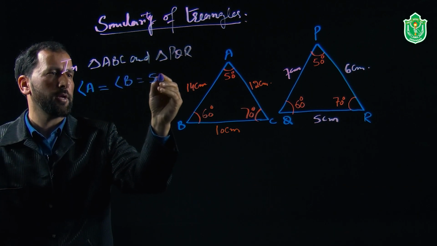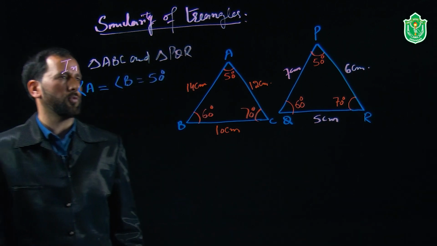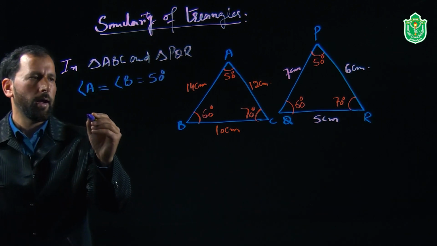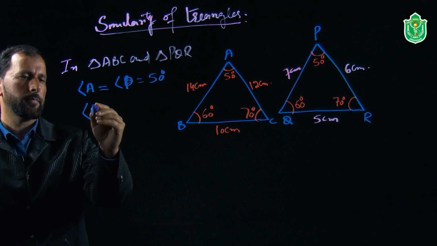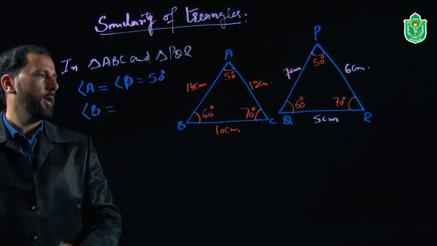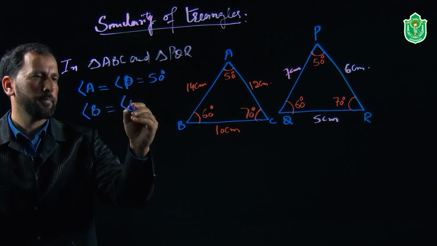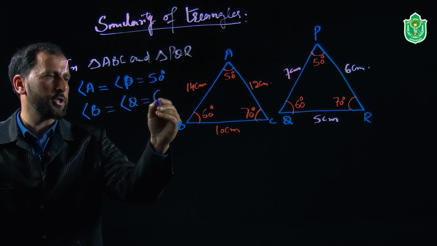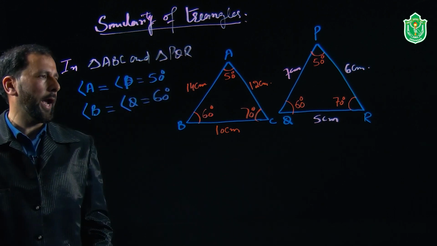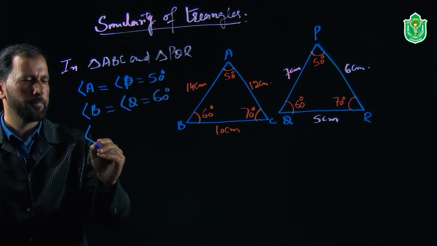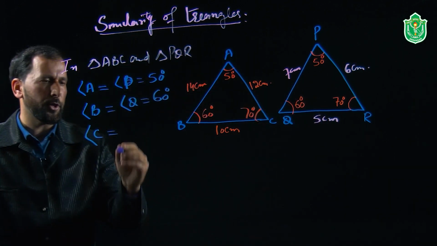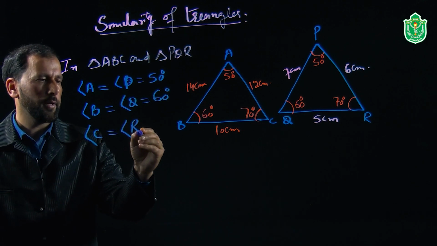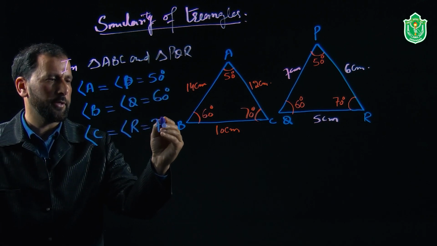Because their measures are equal to 50 degrees. Similarly, angle B is equal to angle Q, equal to 60 degrees, and angle C is equal to angle R of triangle PQR, equal to 70 degrees.